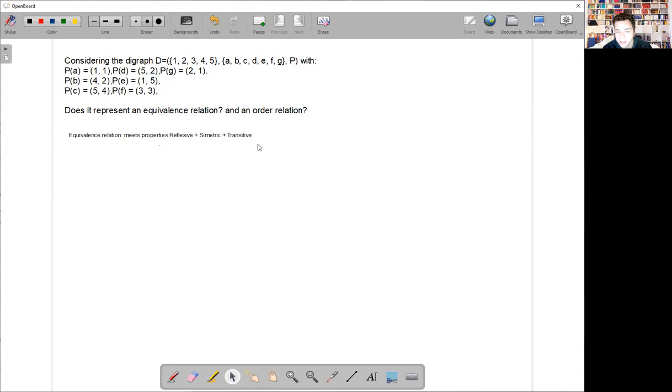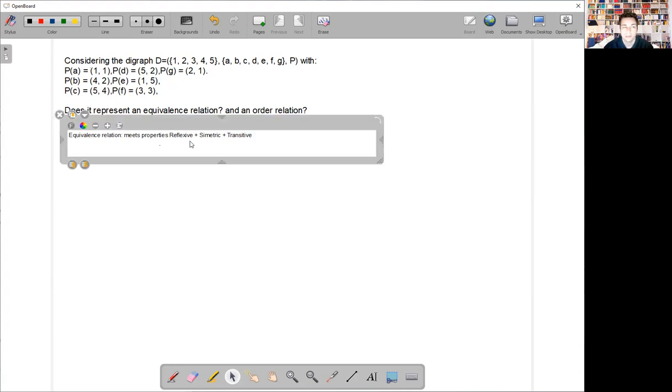There must be a link, a loop from a vertex to itself. The symmetric relation means that if the vertex A is linked to the vertex B, B must be as well linked back to A. And finally, the transitive relation means that if A is linked to B and B is linked to C, A must be also linked to C.